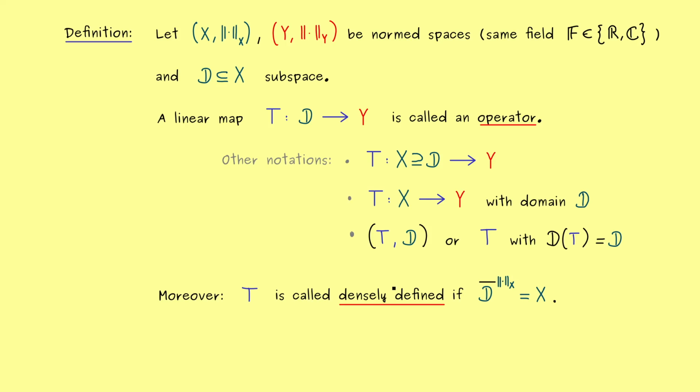So maybe the domain of the operator is not the whole space, but it's very close to that in this sense. And here please note, this thing is only interesting in infinite dimensions, because still D is a linear subspace. So only in infinite dimensions we could have smaller subspaces that are still dense in the whole space.